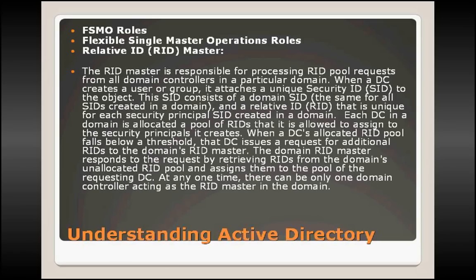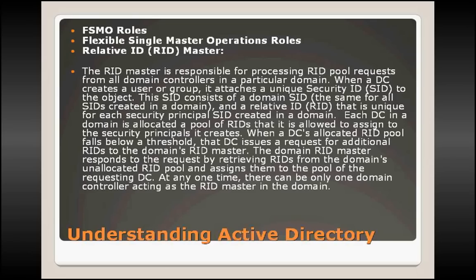Now, relative identifier. The RID master could have been a trouble if, whenever you're creating an object, it would ask for an RID and look for a security identifier. But that's not the case, right?